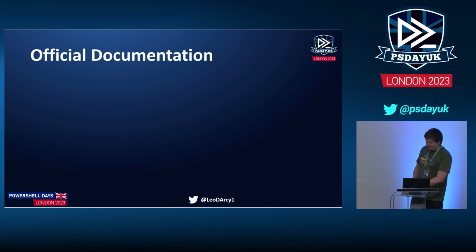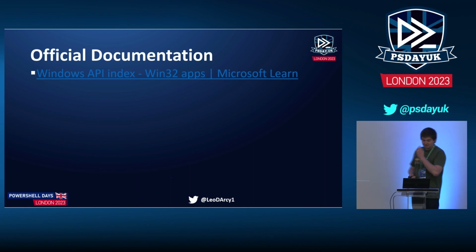So there is a reasonable level of official documentation. You probably can't see it too well on here, but the links for this, well, the presentation will be made available online. Ultimately, there is a full API index on the Microsoft website.